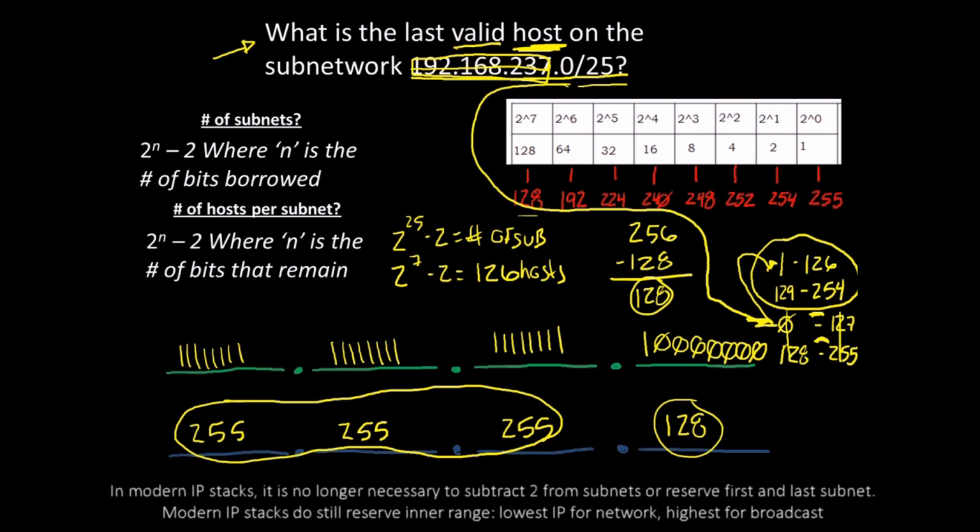The last usable range here is 126. So the last valid host on the IP 192.168.237 in the range of 0 to 127 is going to be .126. Congratulations, you have just solved your first subnetting problem. So now let's do another one to keep that confidence level going.